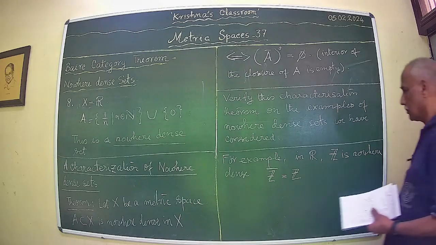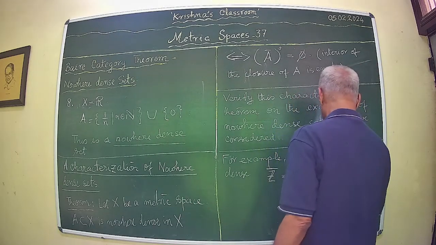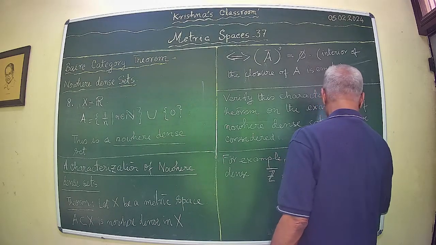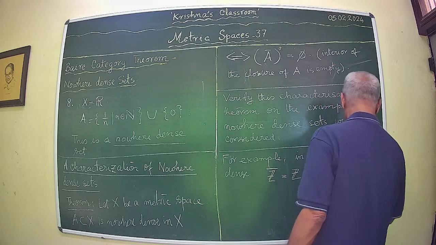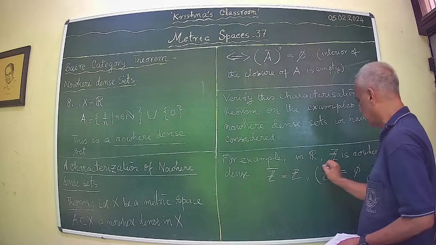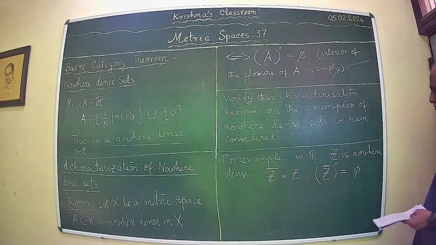Okay. Therefore, Z closure interior is equal to empty. Go through, look at the definition of the interior and the closure.